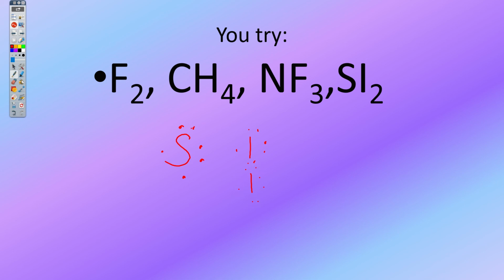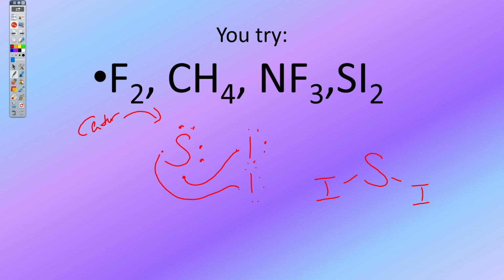Central is the one that has the most unpaired, so that's going to be S. From S, I'm making my bonds, whoop, and whoop. So S goes in the center with 2 I's surrounding it. Each I has 1, 2, 3 lone pairs on it. And then S has 2 lone pairs. Make sure you're not forgetting those lone pairs.